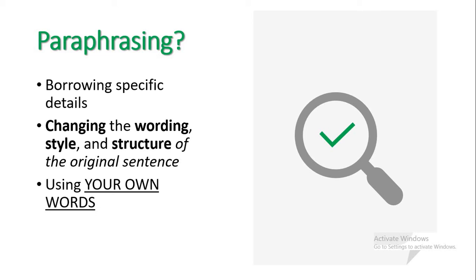Rather, please use paraphrasing because we want to test your skill of language, how you use your language in terms of vocabulary, in terms of sentence structures, and so on. And the style, of course. Now, you're free to change the wording, you're free to change the style and the structure of the sentence that's given in the source or whatever pieces of details that you'd like to borrow, but at the same time you must use your own language and you must provide the proper citation.